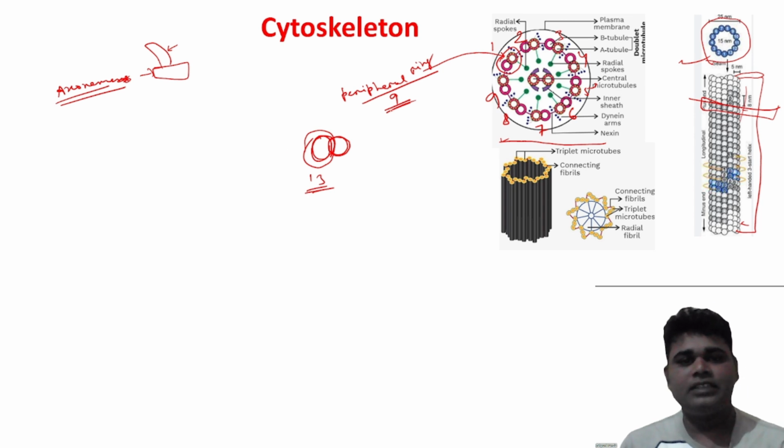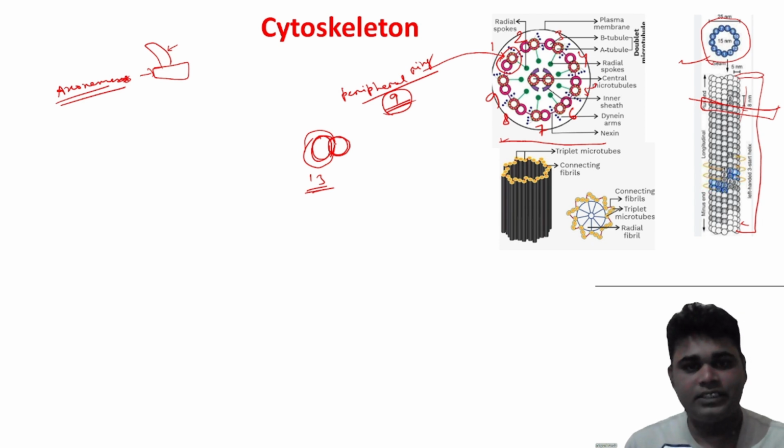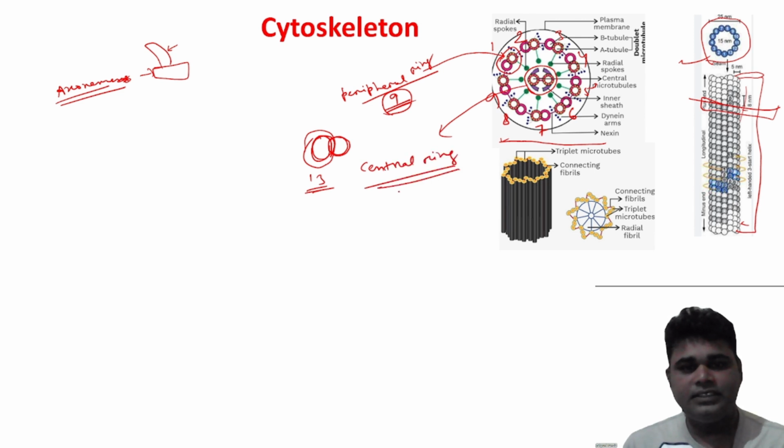So 9 microtubule structures are present in the periphery. And in the central region, or the central ring, 2 structures are present.